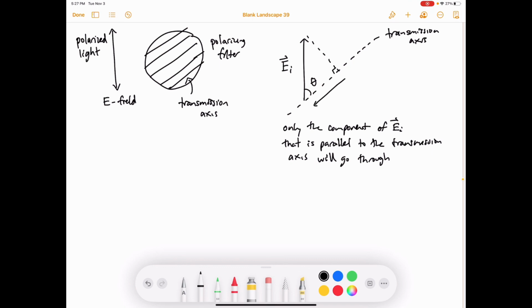Only this part right here that's parallel to the transmission axis is getting through. So this will be E_T, the electric field that gets transmitted. So the first thing to realize is the transmitted E field is parallel to the transmission axis of the filter.